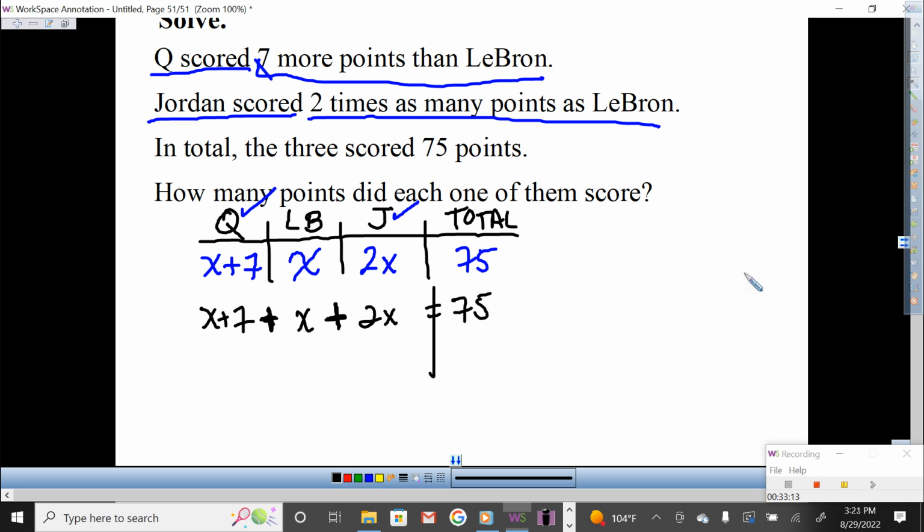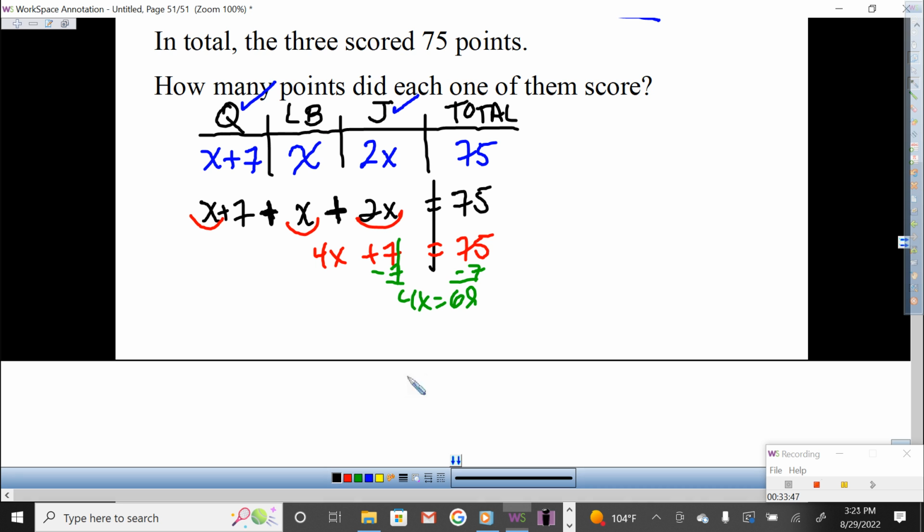Angelica, what is the first thing you did? Add all the x's together. We got 1x, 2x, and 2x. That is 4x plus 7 equals 75. Hands up if you got that. That is correct. The rest is history. Minus 7, minus 7. We get 4x equals 68. And last but not least, we divide by 4, x equals 17. Okay, hands up if you got that.